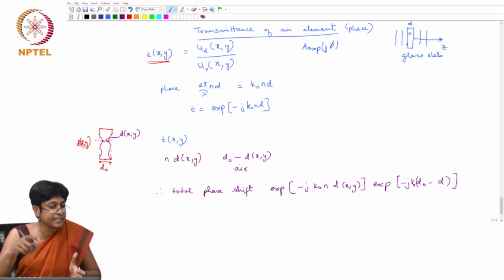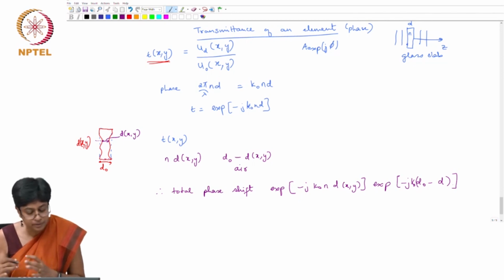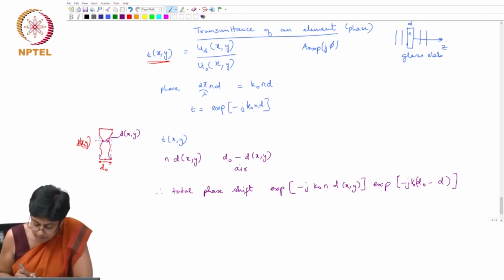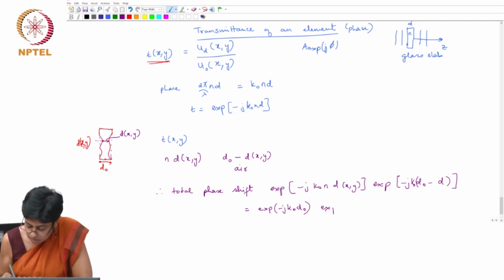Okay, it is d which is a function of x and y. So if I club related terms together here, I can pull out this exponential minus jk naught d naught, and what will come in the remaining terms is n minus 1.